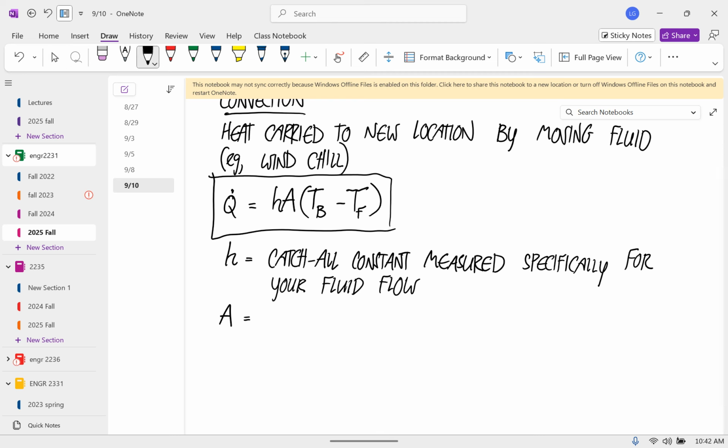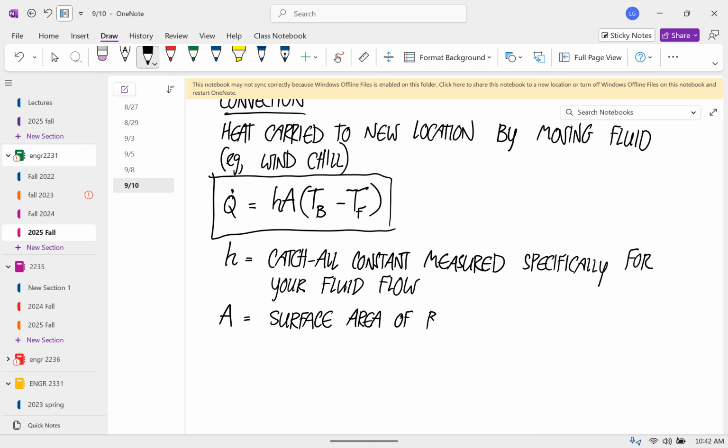A is not the total surface area of the body, it's the surface area of the body that's exposed to the fluid flow. So if only the top of a body is exposed to the fluid flow, then this is just the area of the top of the thing.